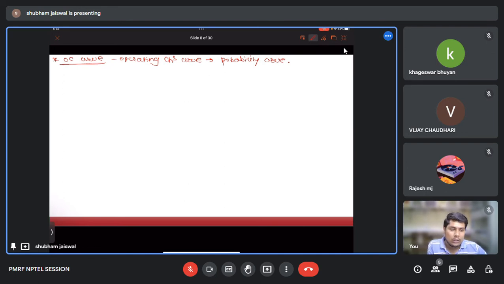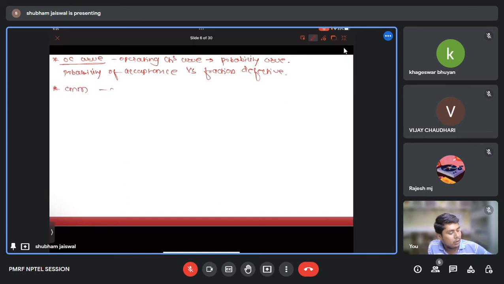Also, we can define terms like consumer risk, producer risk, average quality level, etc., or lot percent defective.